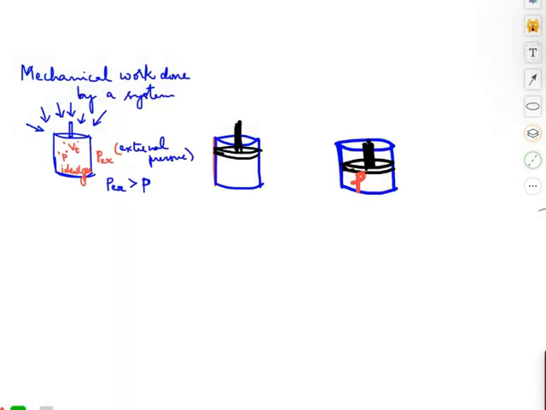So here you have P, and outside you have P external, right? So this moment will come when both are going to be equal. What happens when they both are equal?